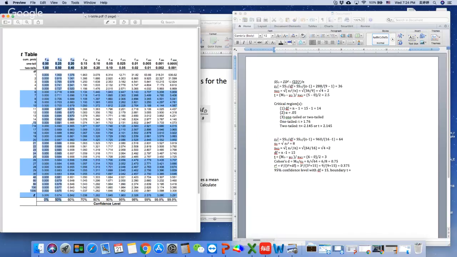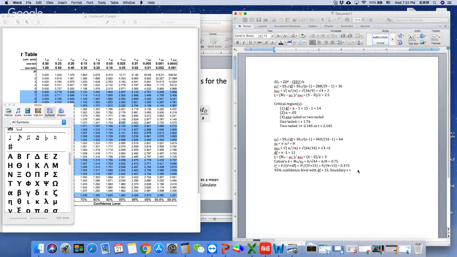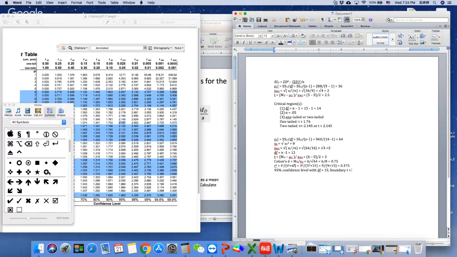So here we have 15 and two tails 5%, which is this number, t equals 2.131.